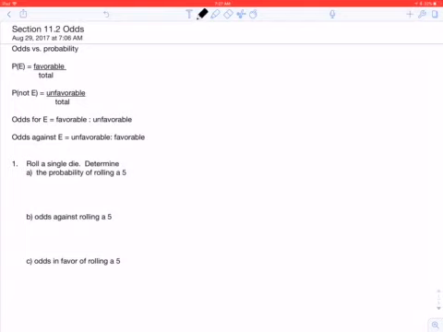So let's consider the experiment of rolling a single die. The sample space would be the numbers 1, 2, 3, 4, 5, and 6. All the things that could happen when you roll a single die.